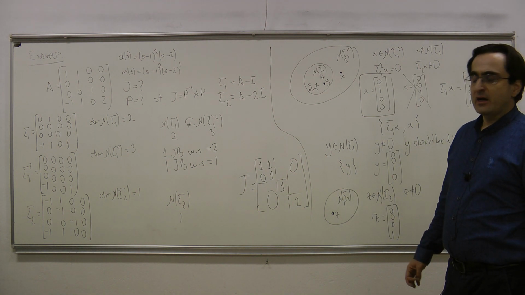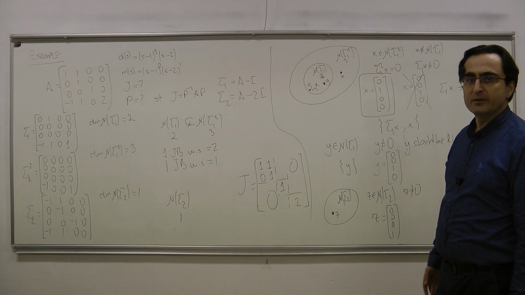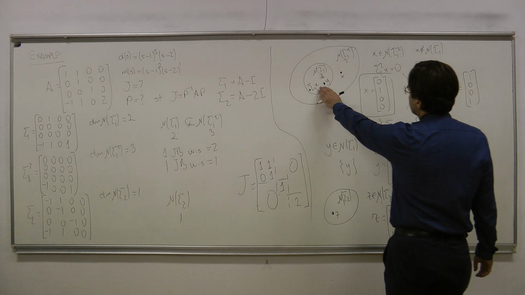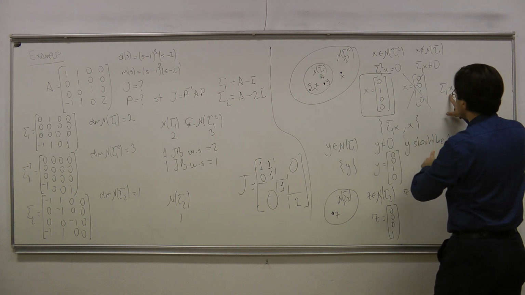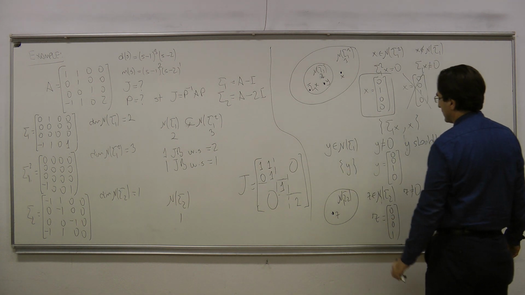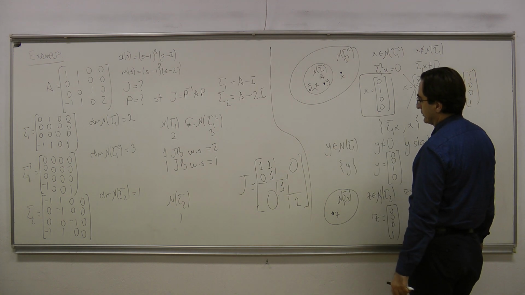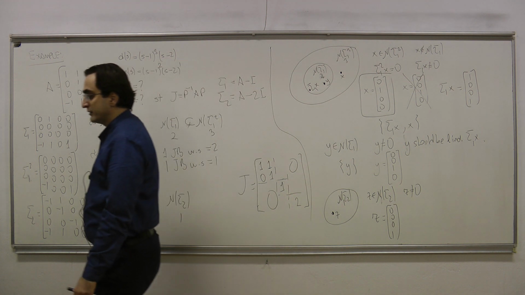So how many linearly independent eigenvectors can this matrix have? For the first eigenvalue, there are two eigenvectors. So this sigma 1 x and y are eigenvectors. And furthermore, z is an eigenvector for the second eigenvalue. So in total, this matrix has 3 linearly independent eigenvectors.